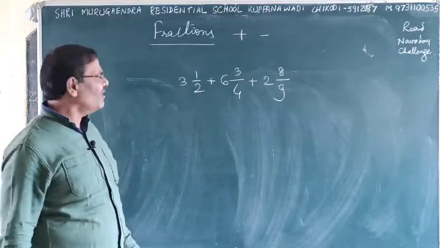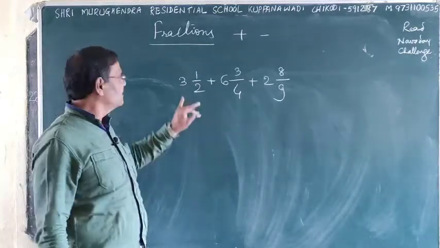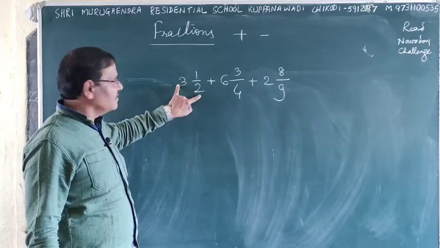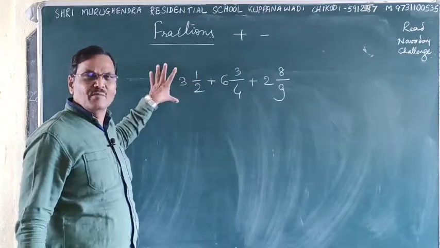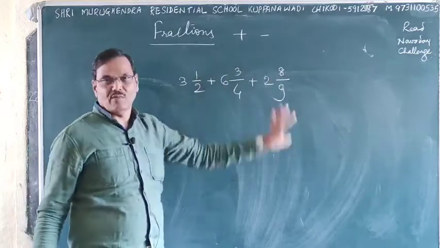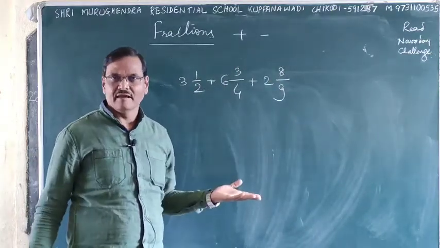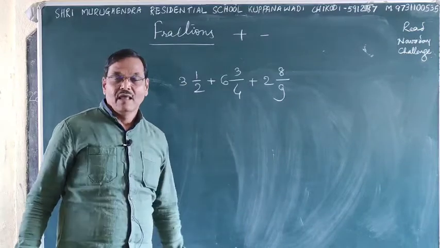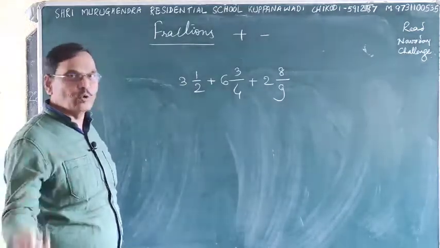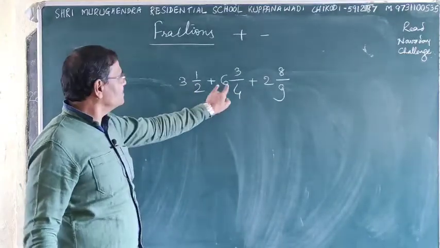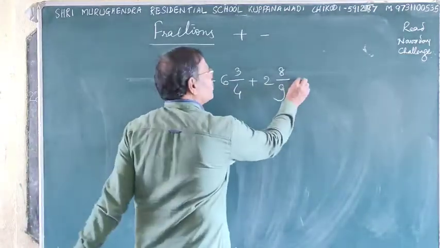One is the orthodox method, that is 2 into 2, 2 into 3, like this you make it an improper fraction, all the three you make improper fractions and take LCM and do. Whereas first how you have to do that I will show you. 3 plus 6, 9 plus 2, 11 you have to do.